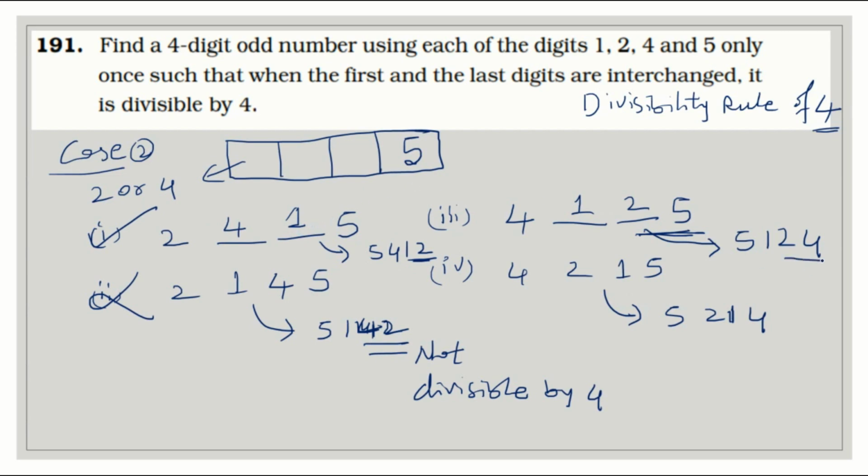Here these 2 digits, that means 24, are divisible by 4, so it can be one option. These 2 digits are not divisible by 4, so this cannot be the option.